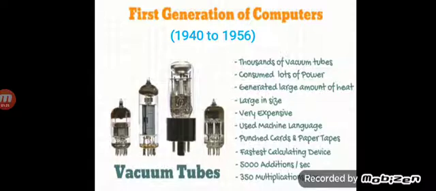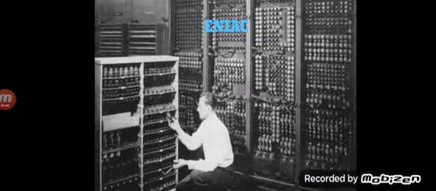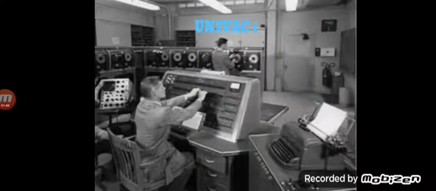Machine language was used to program using punch cards and paper tapes. They were the fastest calculating devices of that time and could do 5,000 additions per second and 350 multiplications in 1 second. The examples include ENIAC, EDVAC and UNIVAC 1.